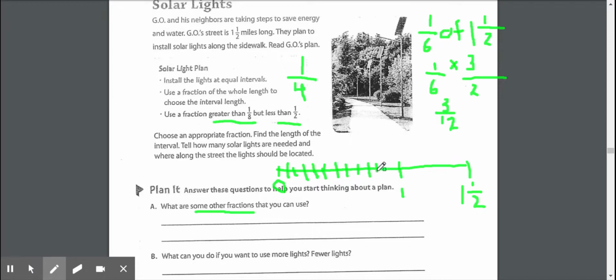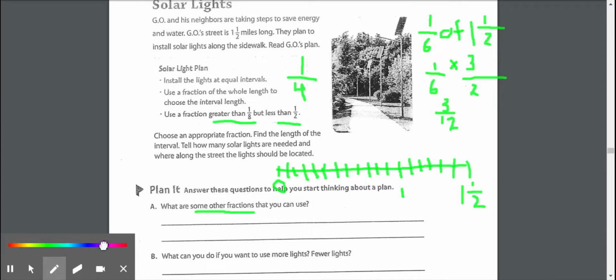Nine, 10, 11, and here's the 12th, and I'm going to split this into 6. 2, 3, 4, 5, and then here's my 6th part.